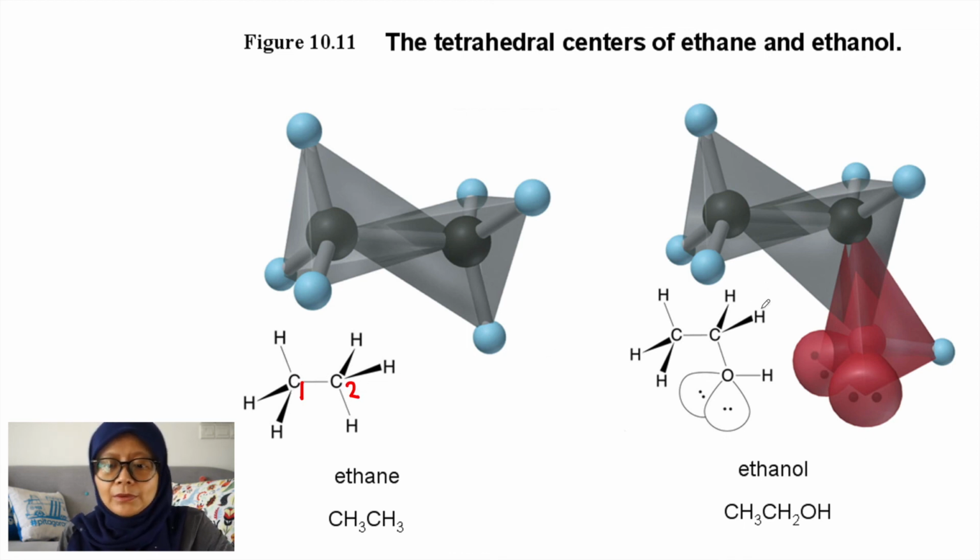For ethanol, both carbon 1 and carbon 2 also have the same tetrahedral geometry, because there is no lone pair at all on C1 and C2. But for this one, I will explain it later in the next topic, which is hybridization.